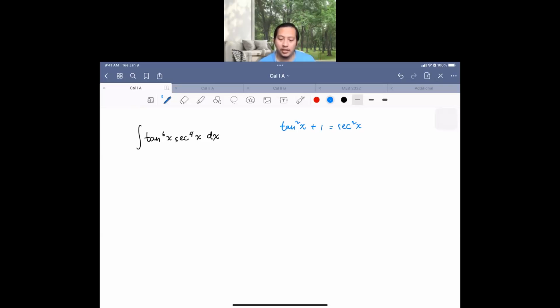So we are going to see these connections and how we are going to deal with the question. And use the fact that if you derive the tangent, this will give you secant squared x.